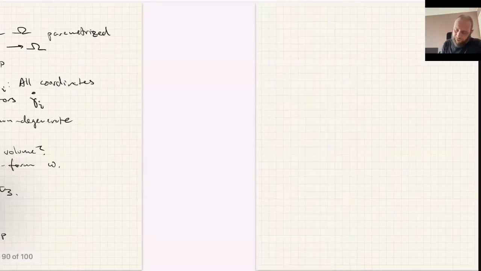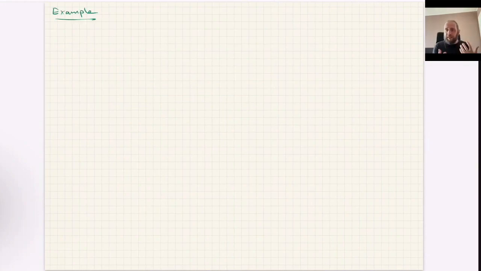So we have 4 minutes left. Let me just take an example of such an integral, and you'll see that it comes back to something that we are familiar with. So let's take a surface integral in R3.